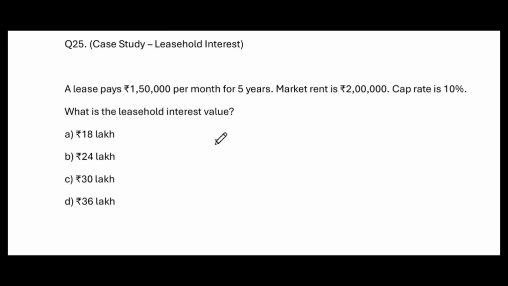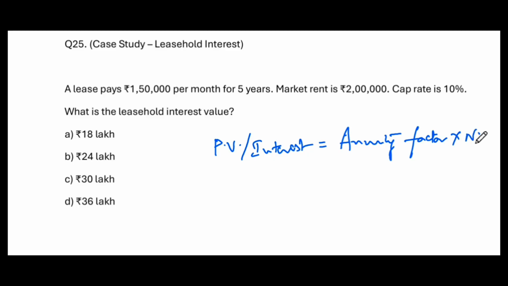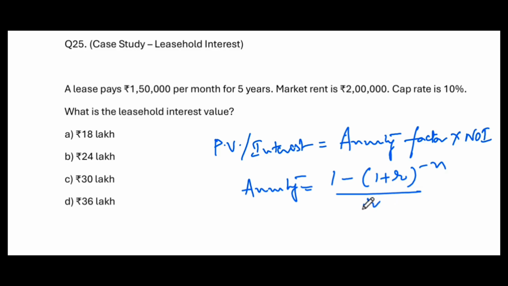There is a formula. Value of interest is equal to annuity factor into NOI. This annuity factor comes as 1 minus (1 plus r) whole power minus n, divided by r.